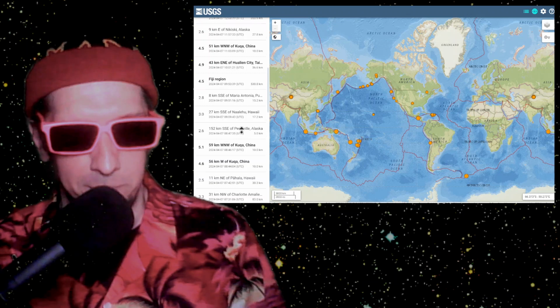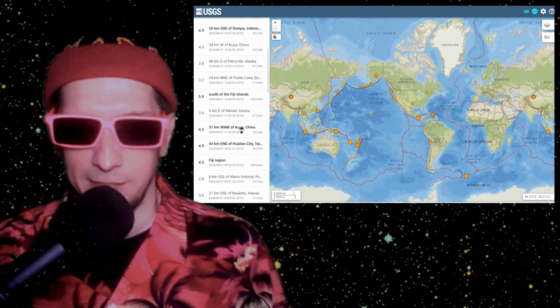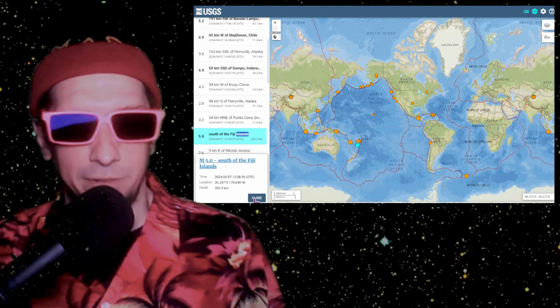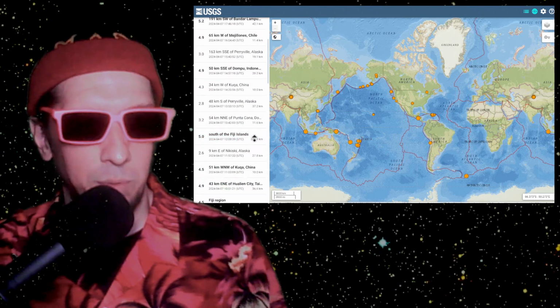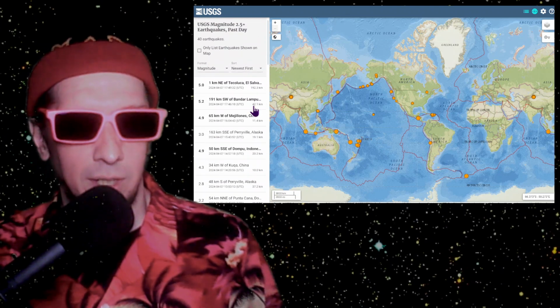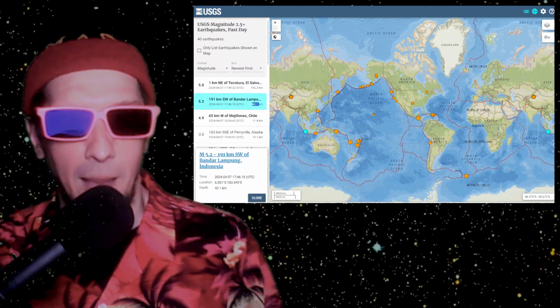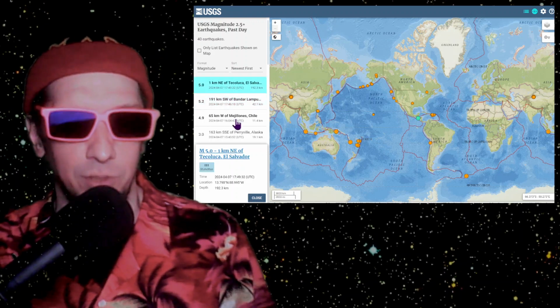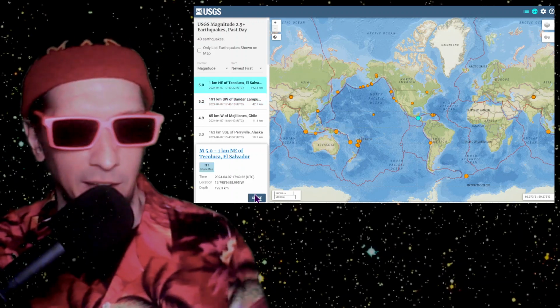That earthquake was made in Chile, not in the United States of America. Okay. South of Fiji Islands, we had a 5.0. That one was at great depth, 353 kilometers. And Bandar Lampung, Indonesia, had a 5.2, and also El Salvador had a 5.0.